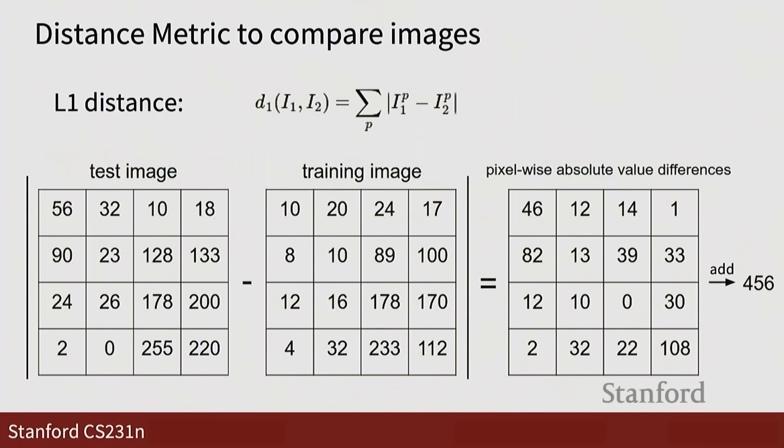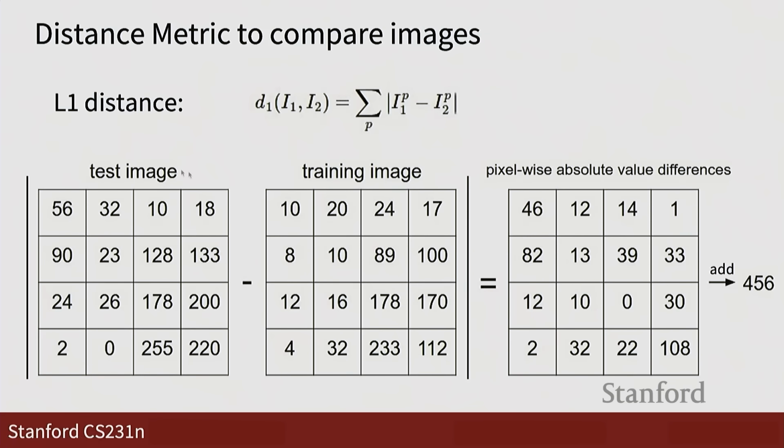One of the most popular ones is L1 distance, which is defined as the sum over all absolute values of pixel differences between the 2 images, I1 and I2.